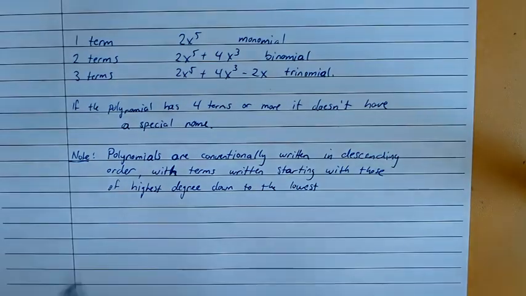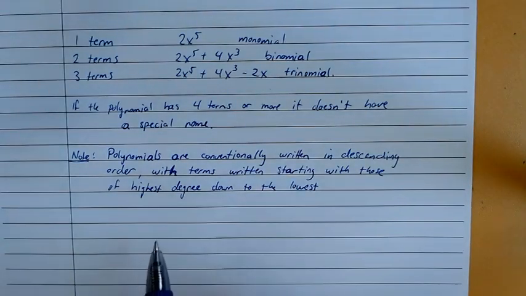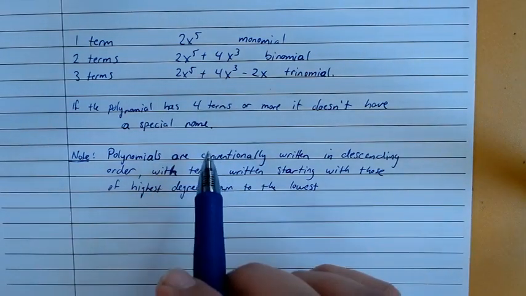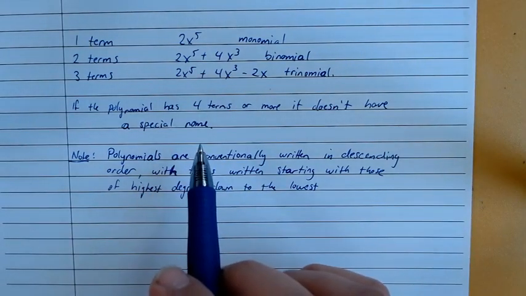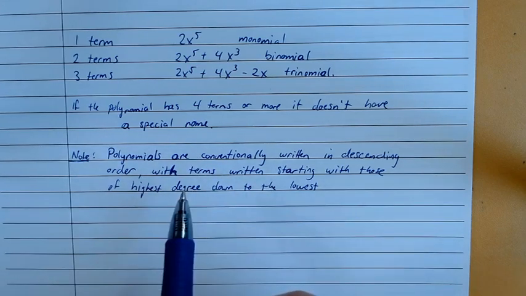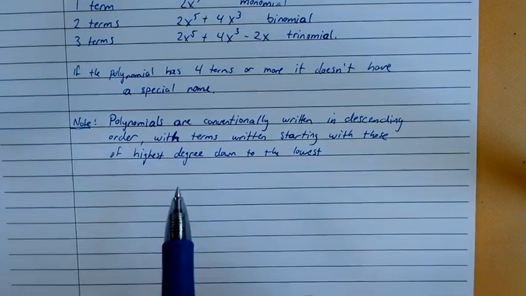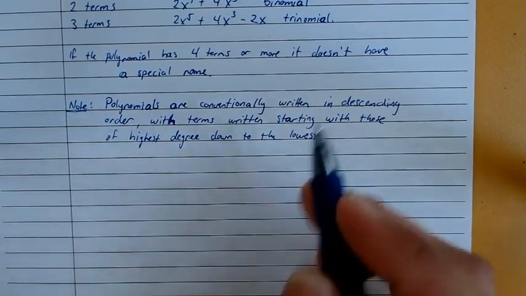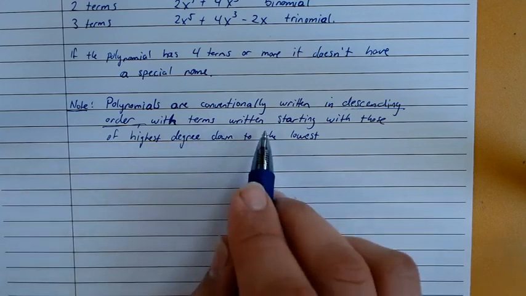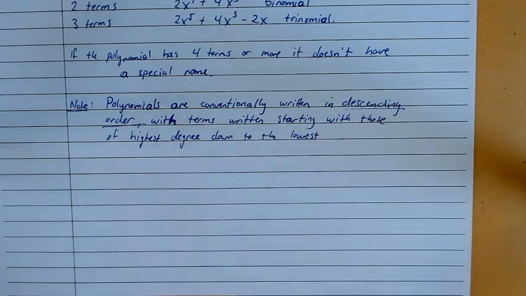And again, it's not like it's not a polynomial if you don't write it that way. It's not like it's a different expression. If I write this at the front and this at the back, it still means exactly the same thing. But it will be harder to work with in just about every context. So by convention, for the sake of simplicity and for the sake of making other things easier on ourselves, we write things in descending order, with the terms written starting with those of the highest degree down to the lowest.